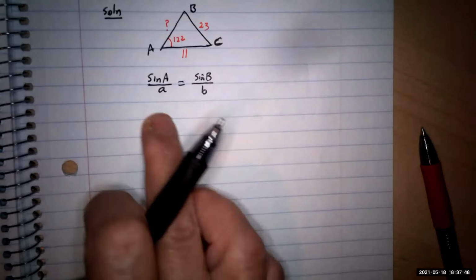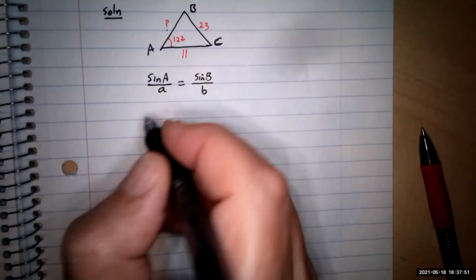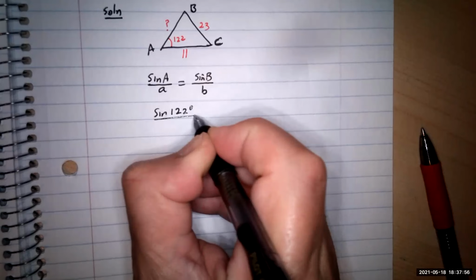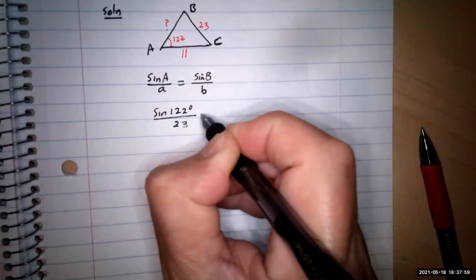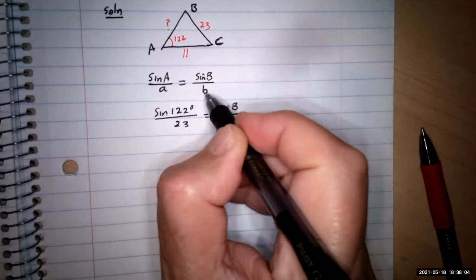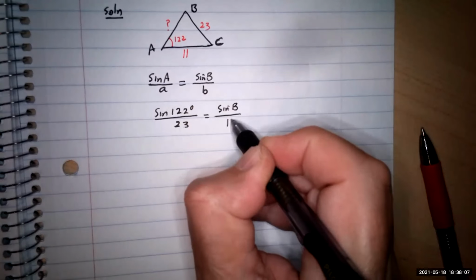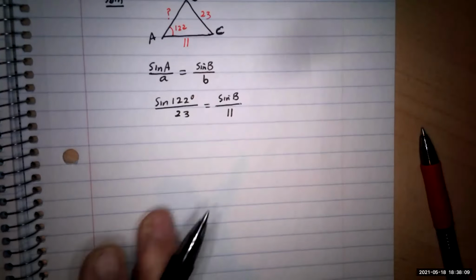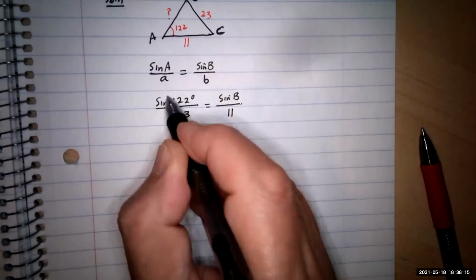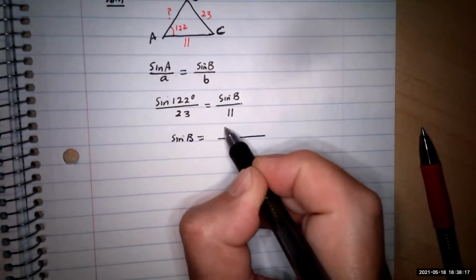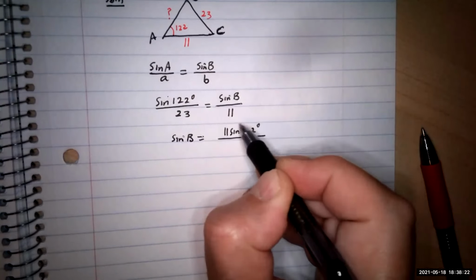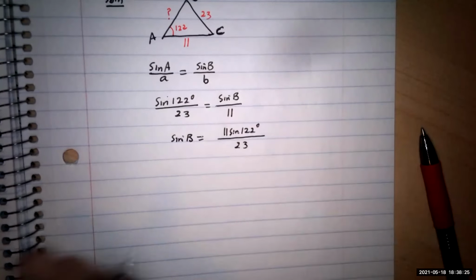Substitute the information that you have: sine of 122 degrees, and your a is 23. The angle B is missing, sin B divided by the side b, which is going to be 11. Cross multiplying, the sine of B is going to be 11 times sine of 122 degrees, divided by 23.